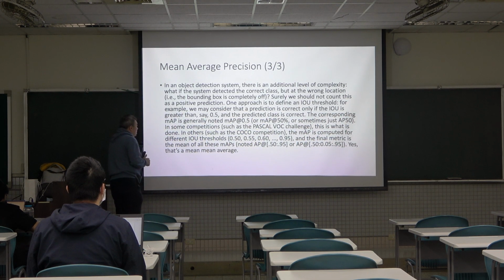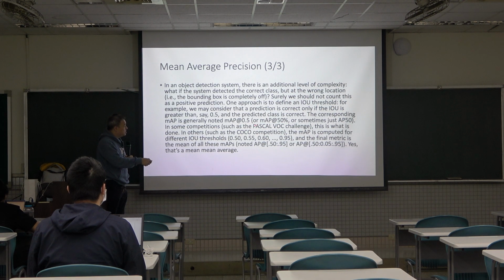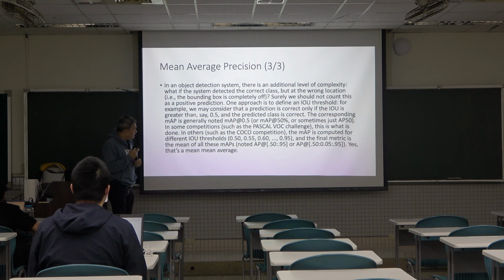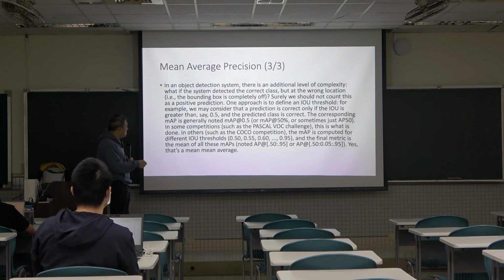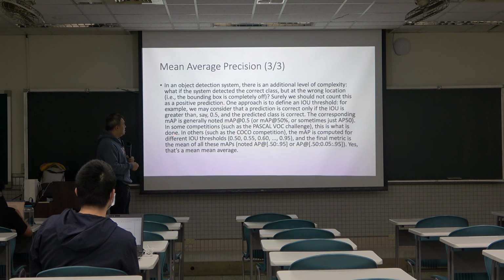In some competitions, for example the Pascal VOC challenge, another object detection competition, they only consider the mAP under the condition that IOU is greater than or equal to 0.5. But in other competitions, such as the COCO competition, the mAP is computed for different IOU thresholds.